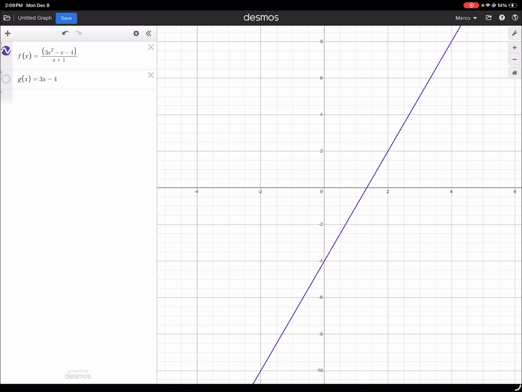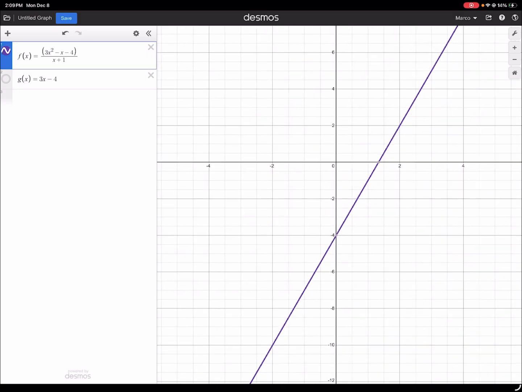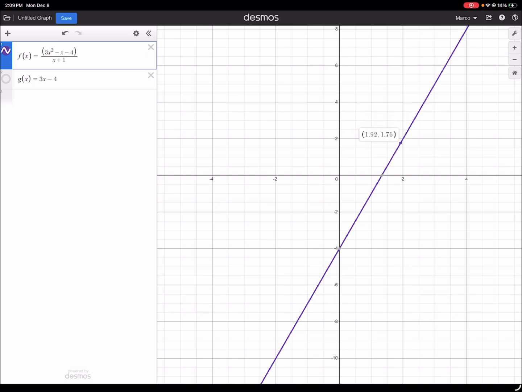Now, what's interesting is if you look at the first graph, you might ask, wasn't there a non-permissible value at x equals -1 because we have this division by 0? I'm going to show you here. If I go all the way to x equal to -1, let's see if we can get it right on there. Do you see that? At x equal to -1, we have this undefined.